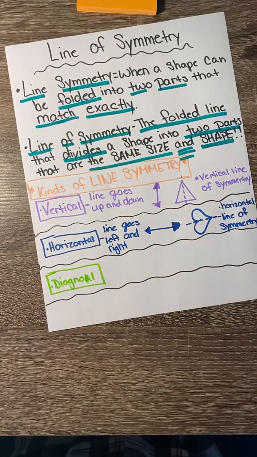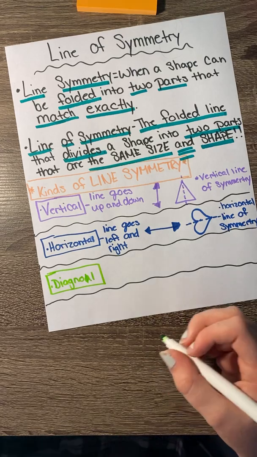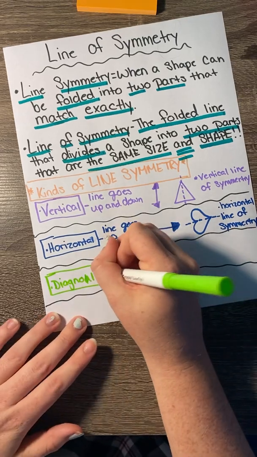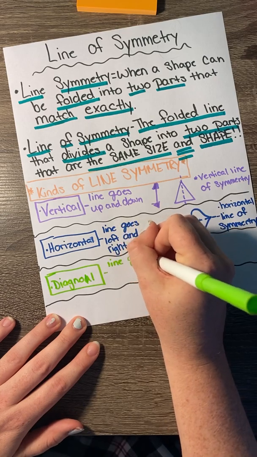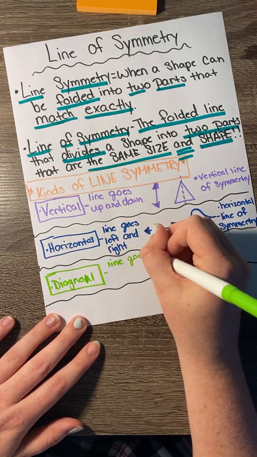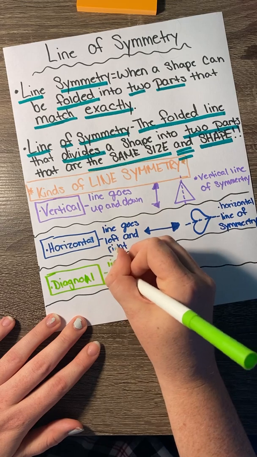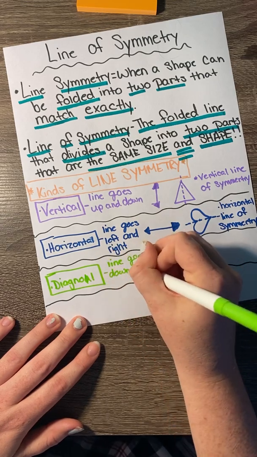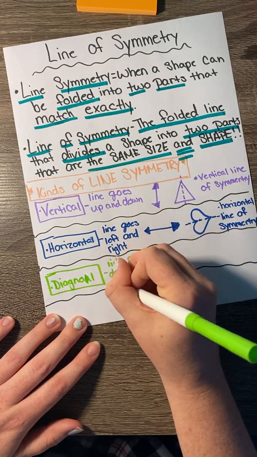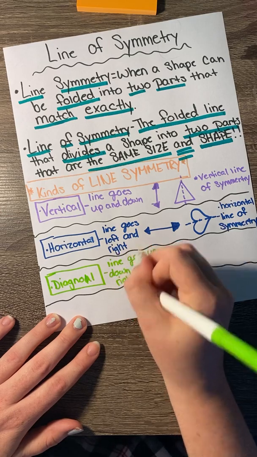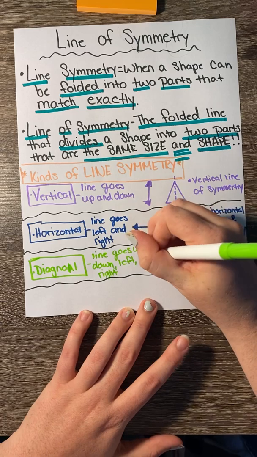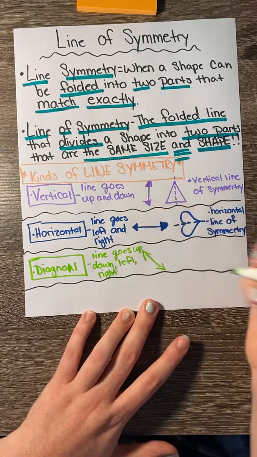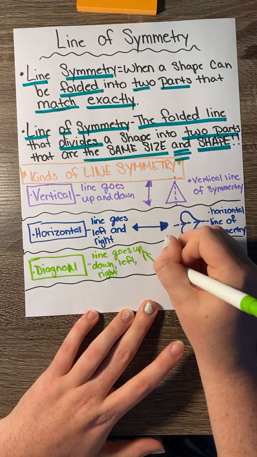Okay, so this is a line that goes up, down, left, and right. So this does all 4. A diagonal line would go like this, and then you'd have another one going this way.